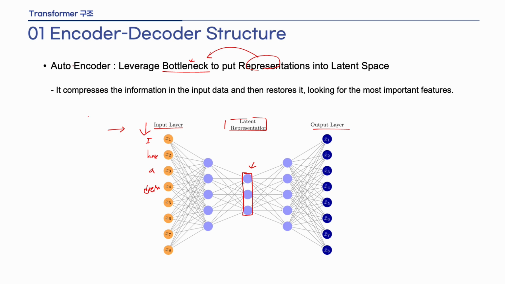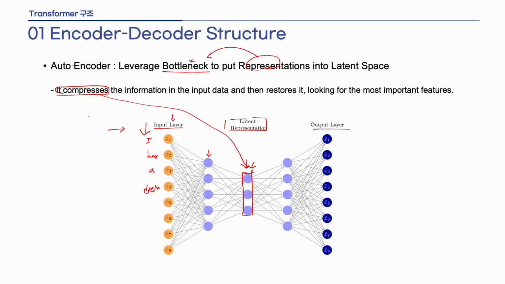As you can see, the dimensionality of this middle layer is smaller than the previous latent representation and also the input layer, so the middle part should be compressed because the latent space is very small.